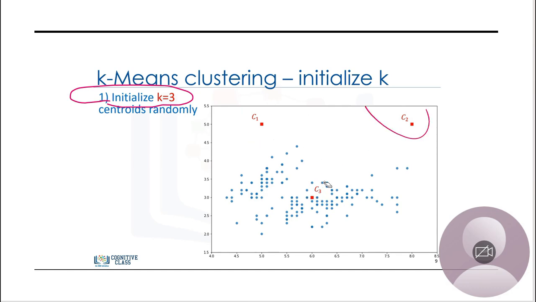However, there are machine learning algorithms that decide the optimal number of clusters for you. There are other sophisticated machine learning algorithms that decide the maximum number of clusters. But for learning purposes, we're going to decide on three clusters, 3 centroids.